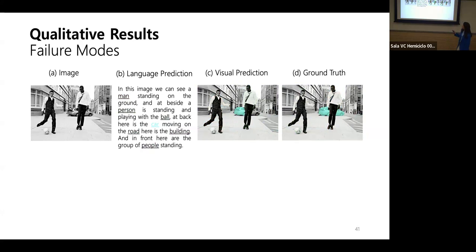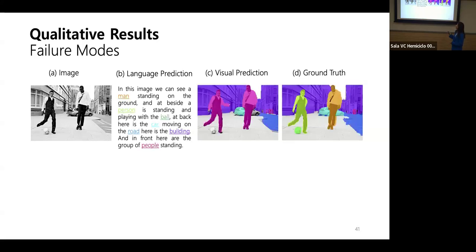Here we can see that we are missing one part of the car, and we are also missing the segmentation of the ball. And finally, with respect to the plural nouns, we can see that our model fails to disambiguate between all the people in the image and the people just standing in front of the building in the background.